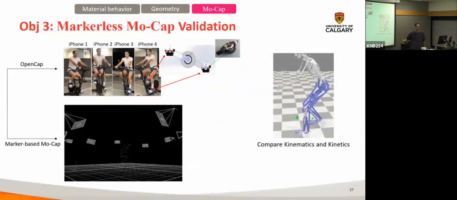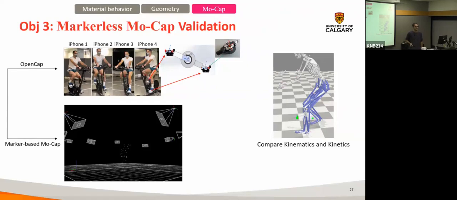I just showed the kinematics because I think it's the exact same process for both, if they're good in kinematics, because the force would be the same for both of them. We get the kinematics from marker-based using OpenSim. If you get the coordinates, you can use OpenSim to get the kinematics. But OpenCap just gives you the kinematics.